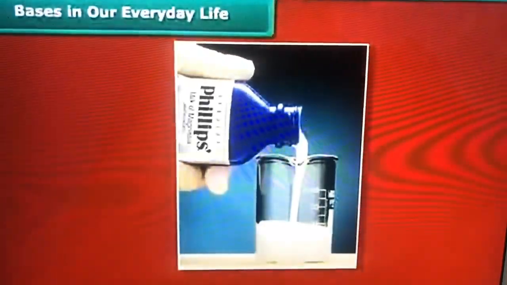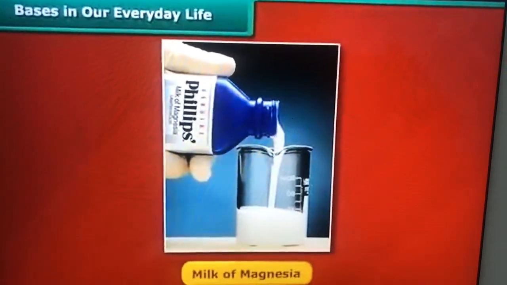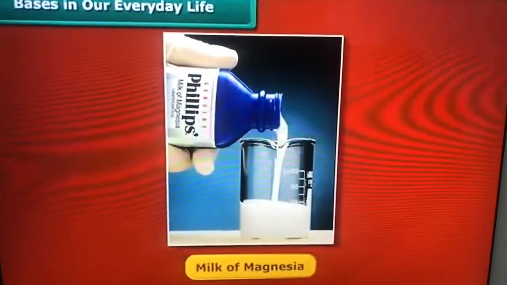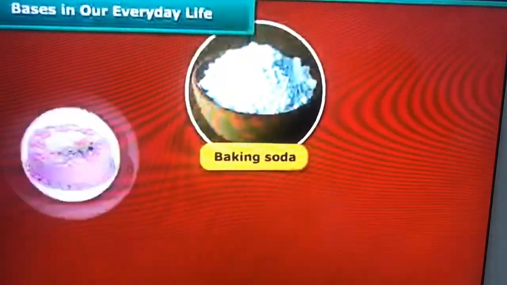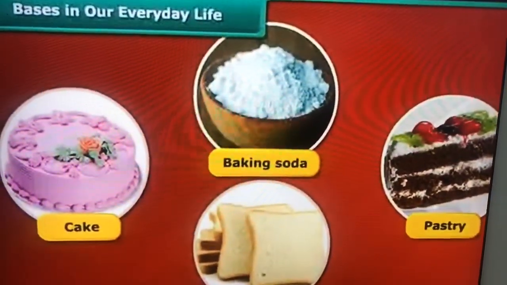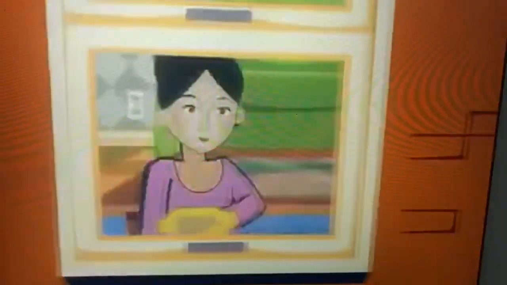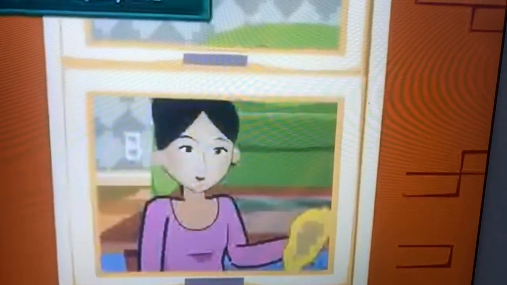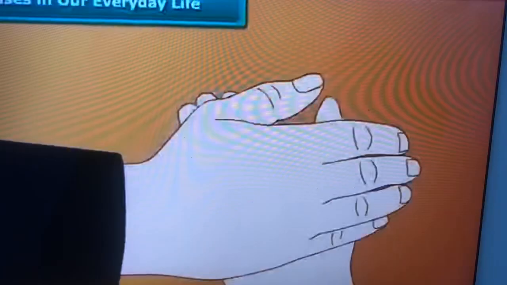Milk of magnesia is a medicine which helps us in digesting our food. It contains magnesium hydroxide, which is a base. The baking soda used in making cake, breads, and in other bakery items contains sodium hydrogen carbonate. When your mother cleans the window, put a drop of solution she is using on your palm and feel it. You will feel slippery on your palm.